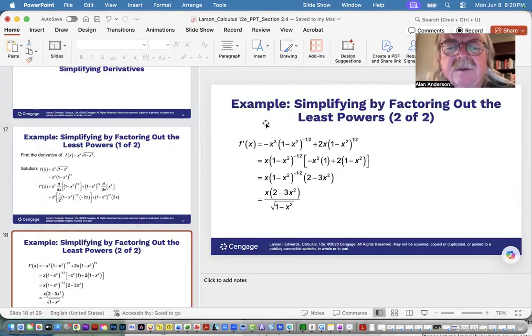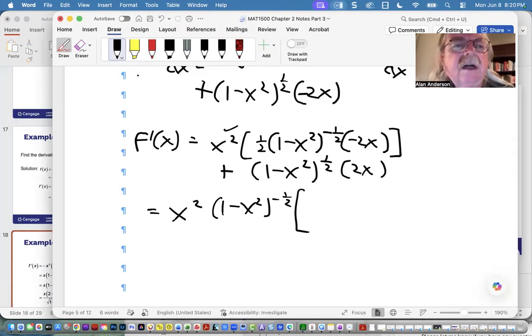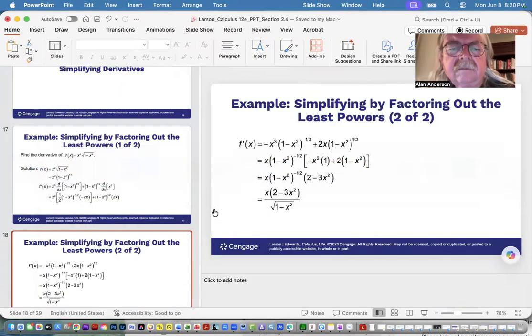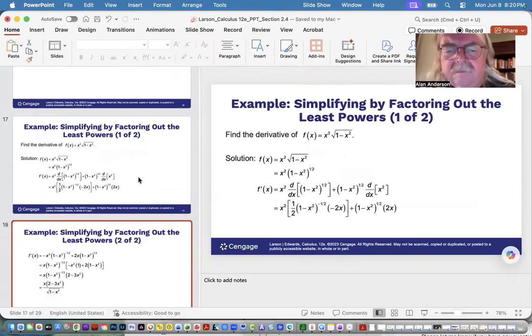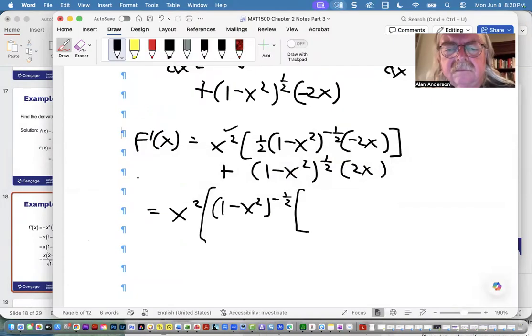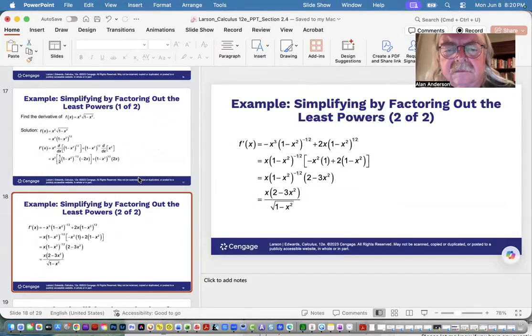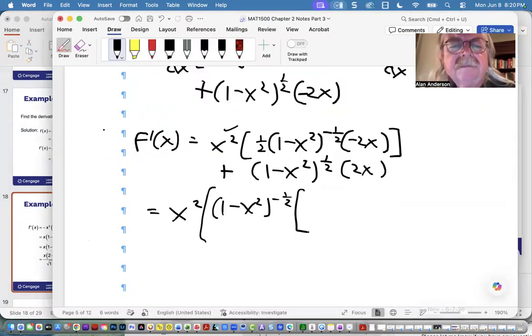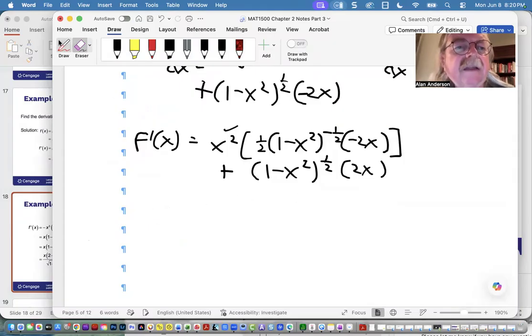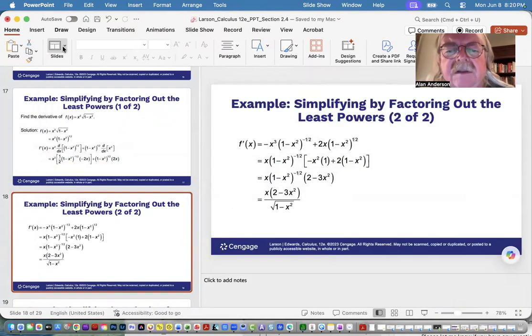No, that can't be right because they don't both have an x squared. Here's why. Hmm. I think they're just unnecessarily complicating this. Let's do that one more time.